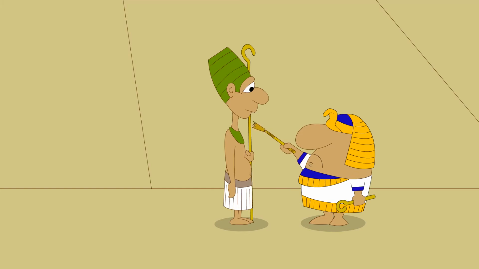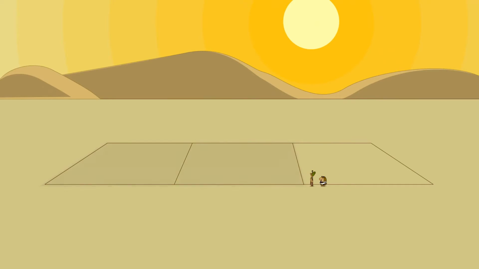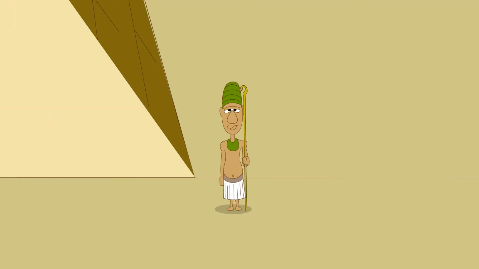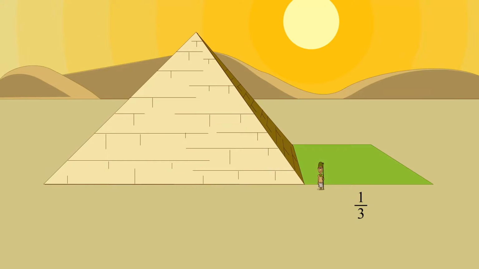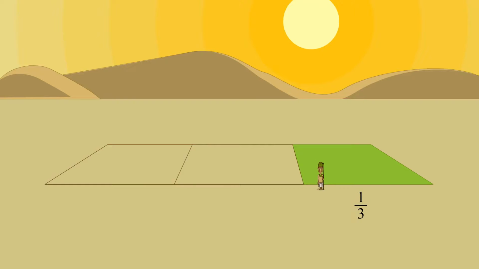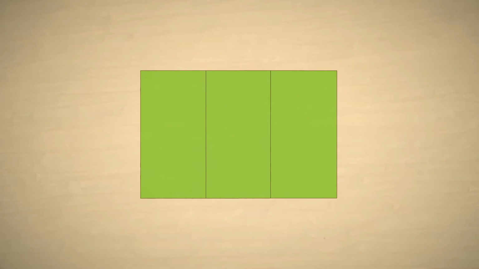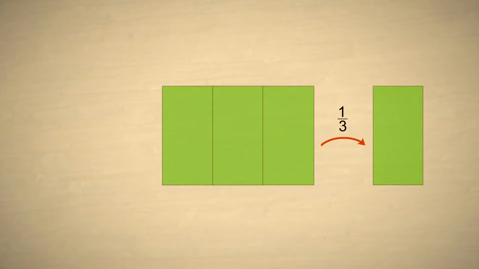If the pharaoh then took most of your land to build a pyramid, but left you with 1/3, your land would then be the size of your original plot. So keeping 1/3 of your land undid the operation of multiplying your land by 3.